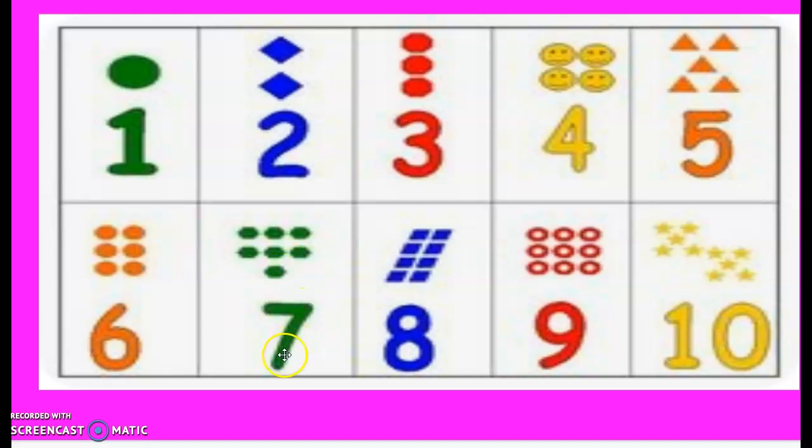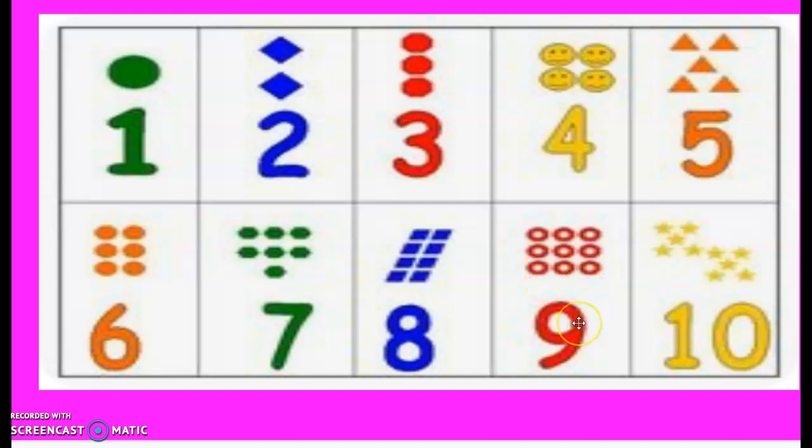Again, now count these objects. 1, 2, 3, 4, 5, 6, 7, 8. So now what are we going to write? 8. Come on, count this. 1, 2, 3, 4, 5, 6, 7, 8, 9.